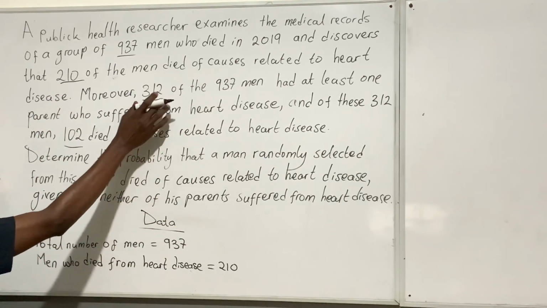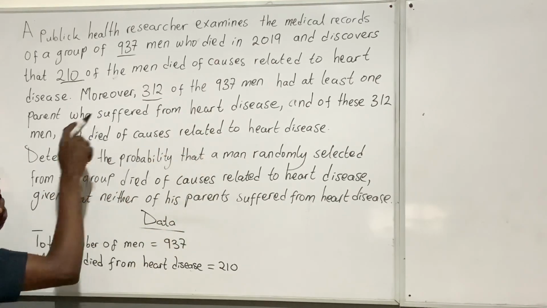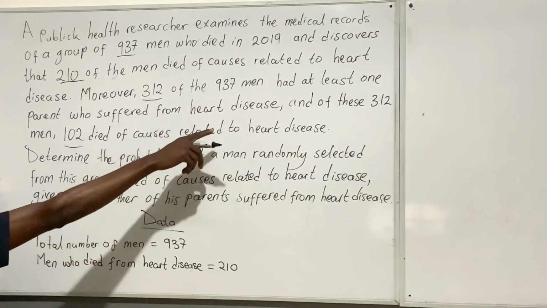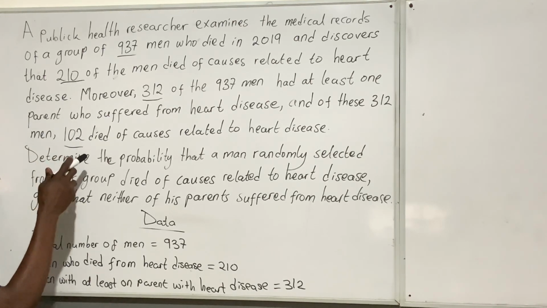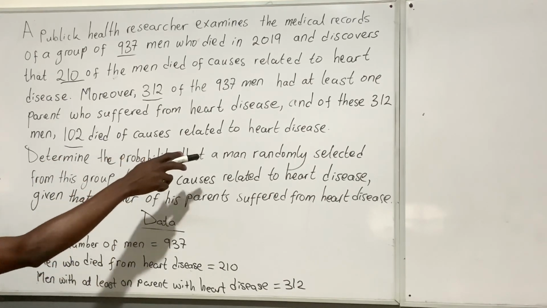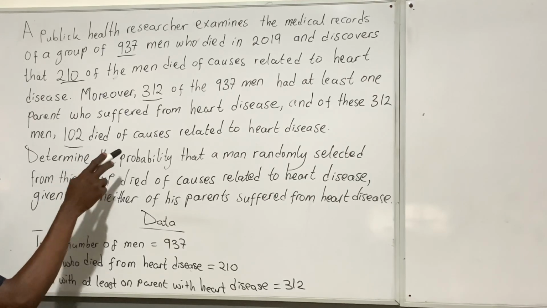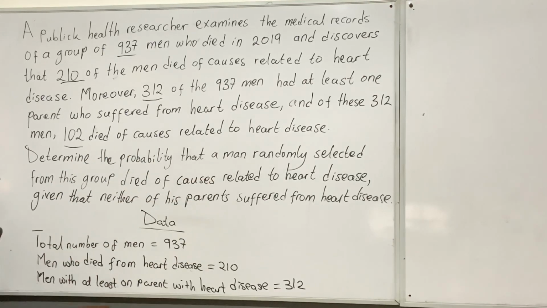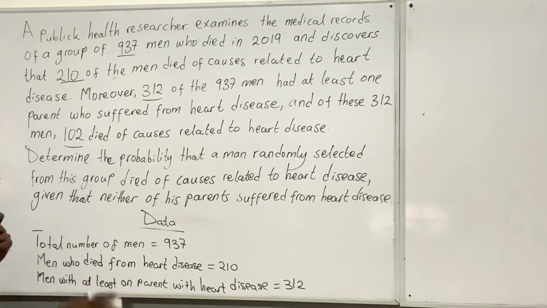So now 312 is for men who had at least one parent suffering from heart disease. Now we have the last one. It says that out of these 312, 102 died of causes related to heart disease. So these are men with at least one parent with heart disease who died from heart disease. So we have 102. So that is what we will write.